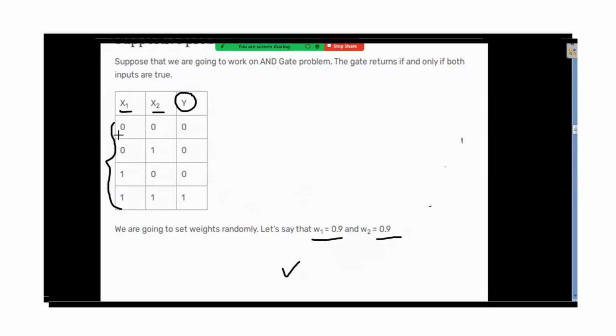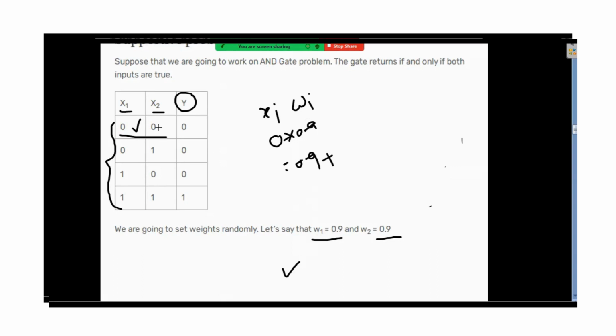Now, let us consider the first instance, in which Xi should be multiplied with Wi. So Xi is 0, your Wi is 0.9.